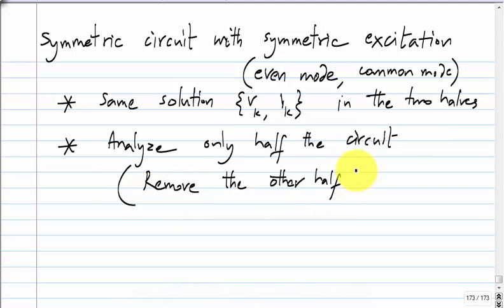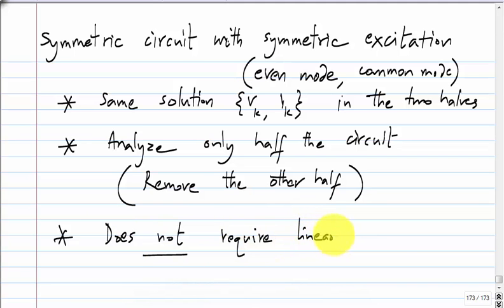They are the same thing. Okay. And this doesn't need linearity. This can be done even for nonlinear circuits. We haven't analyzed nonlinear circuits so far, but this method can be used.